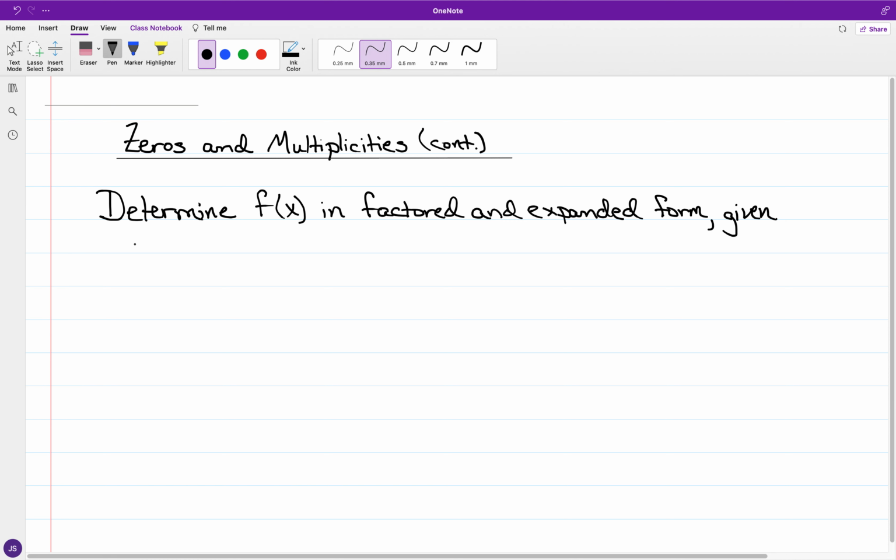And we'll say we have, for the first case, the zeros. We'll say we have 0, and 0 has a multiplicity value of 2.